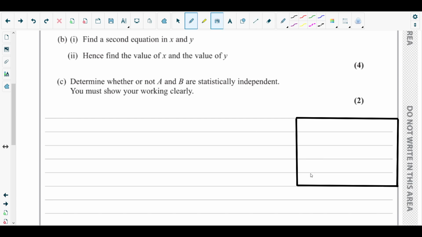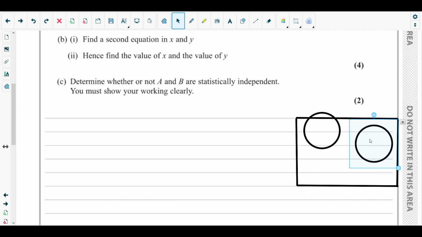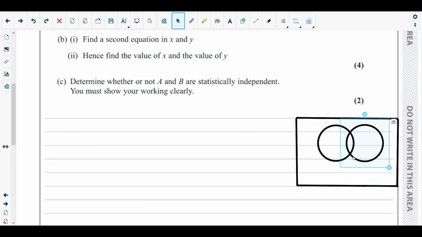This is the circle that represents A, this is A, and this is B. Let me displace their positions. They will have an intersection, right? Because there is a value for probability of B given A. So this will have an intersection.